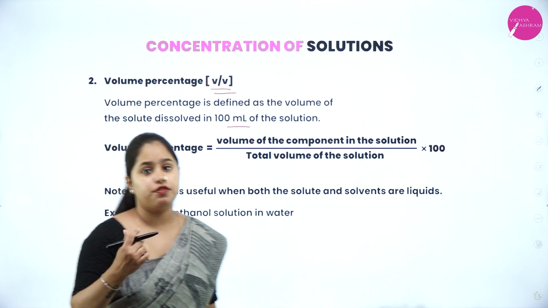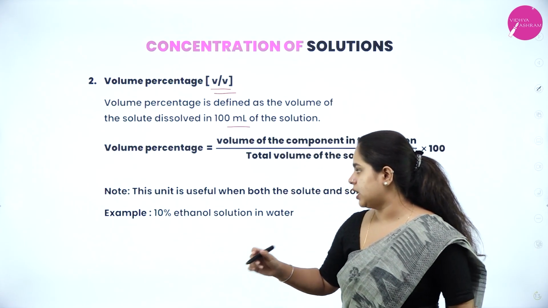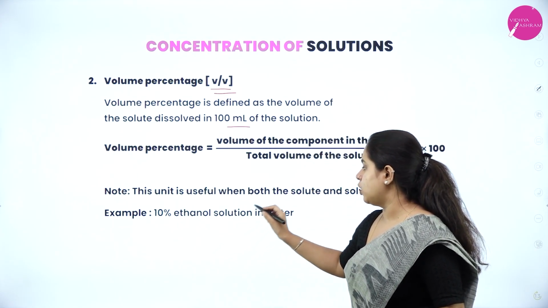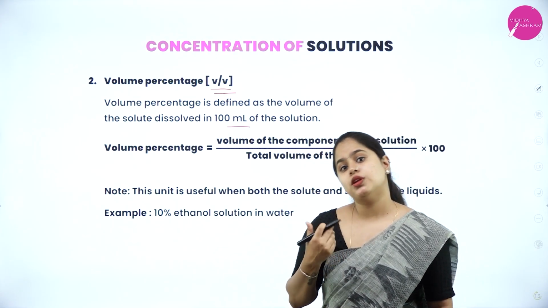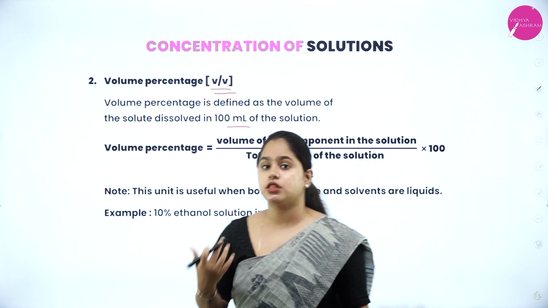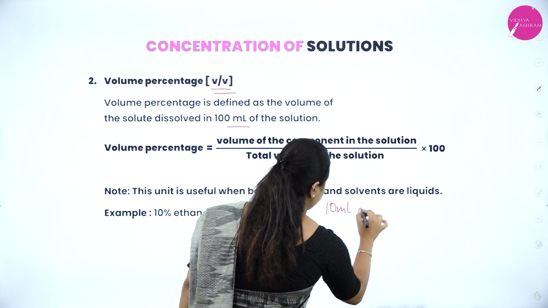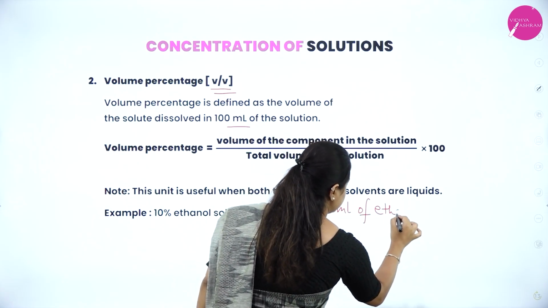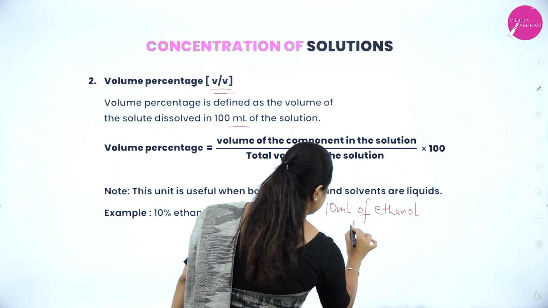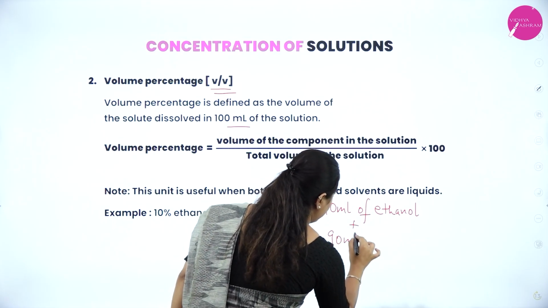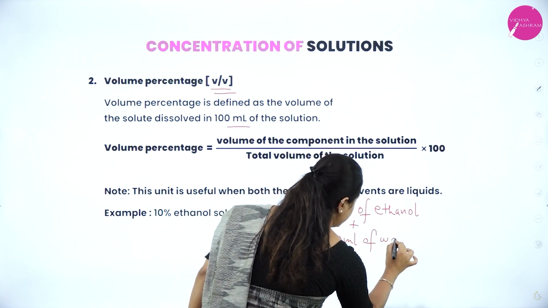Clear? So if it is given that, for an example, 10% ethanol solution in water. So now what does that mean? 10% ethanol solution in water means 10 ml of ethanol is dissolved in 90 ml of water.